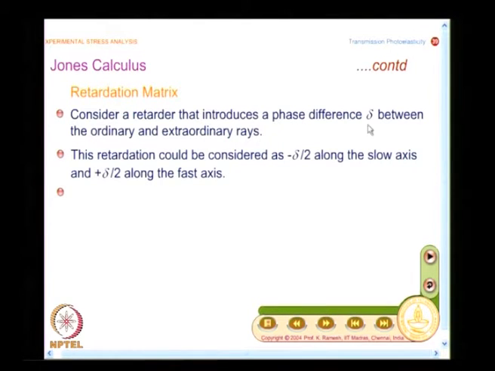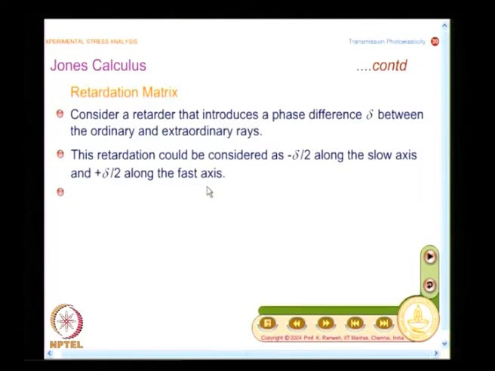And how do we introduce this delta? This can be written in many different ways, and I said that retardation could be considered as minus delta by 2 along the slow axis and plus delta by 2 along the fast axis.